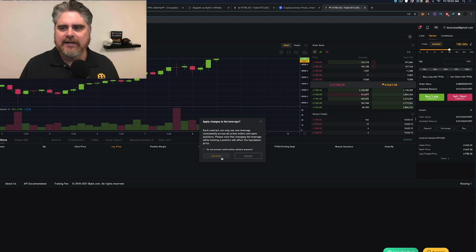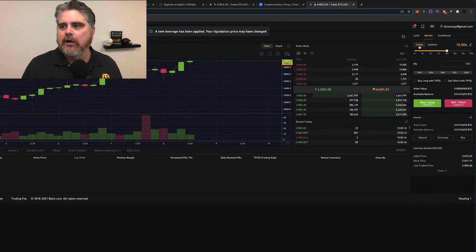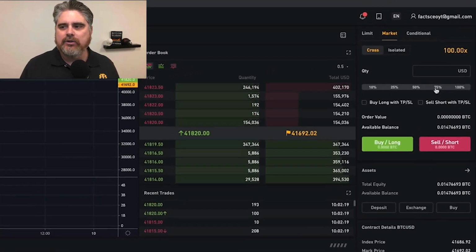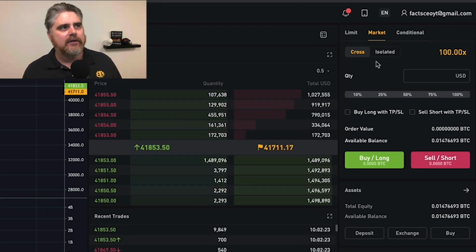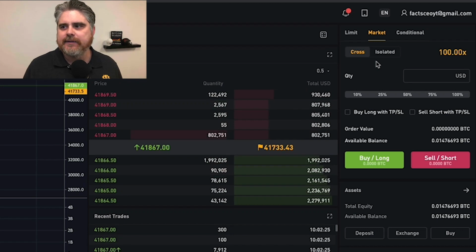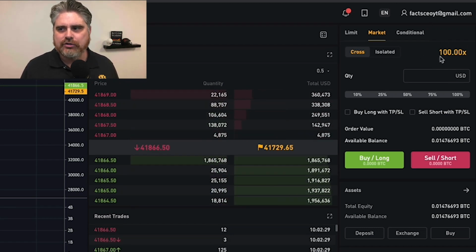So you have to decide between cross margin and isolated margin. Cross margin is going to be when you have an amount in your account on ByBit. Like, let's say that you have $10,000 on here, for instance. It's going to use 100x leverage, okay?